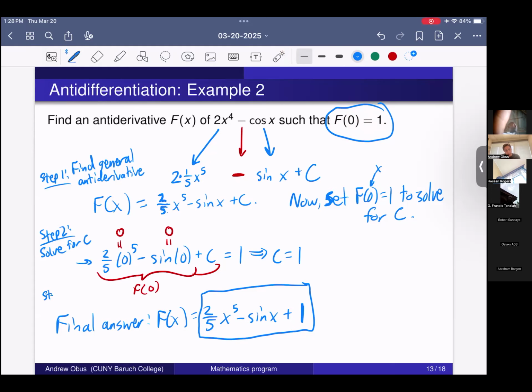And then step 3 is write down the final answer. This final answer is just the general antiderivative you started with, with the correct solution for C. So in this case, we get 2/5 x to the fifth minus sine of x plus 1.